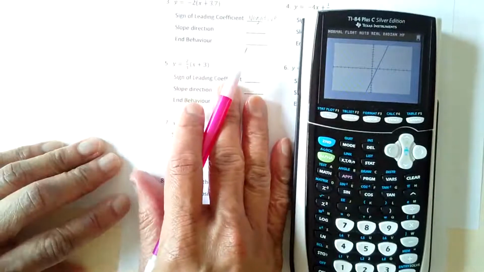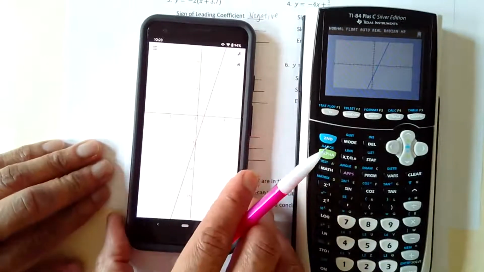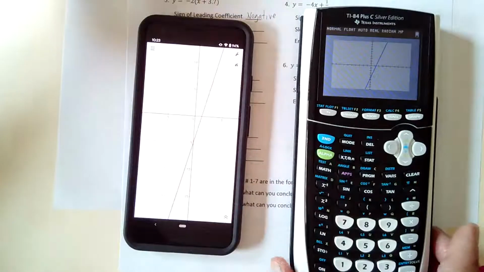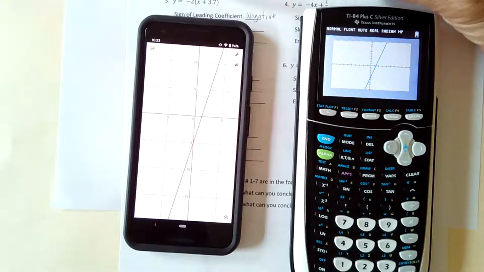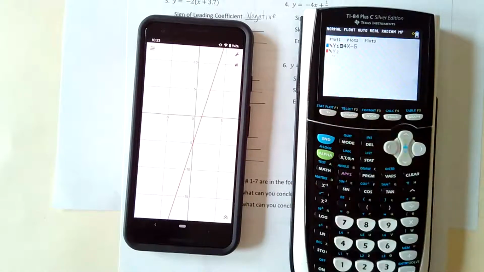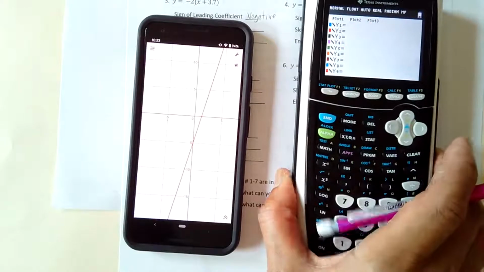Make sure you can see it. Okay, there we go. And I'll have my Desmos beside me. So let's go to the graphing calculator first. I'm going to go into the y equals button and clear that.